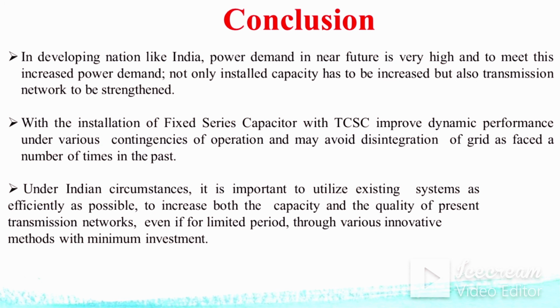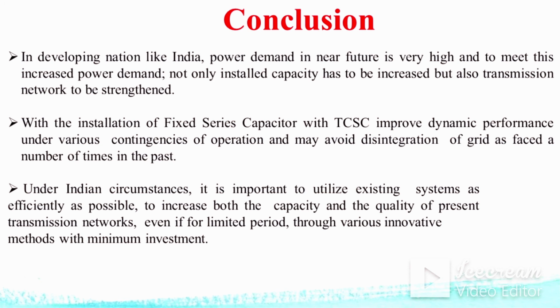It also improves the drop of the voltages occurring due to contingencies, and this avoids the disintegration of the grid, an issue which has been faced numerous times in the past due to cumulative breakdown or lack of proper integration in the system.